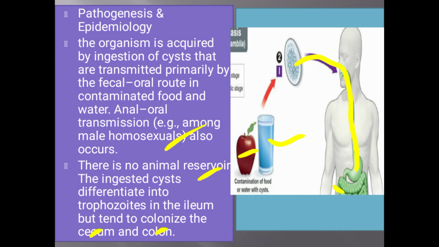So the cyst is ingested and differentiates into trophozoites in the small intestine, but they actually colonize the large intestine, in the cecum and colon. The colon is the largest part of the large intestine.